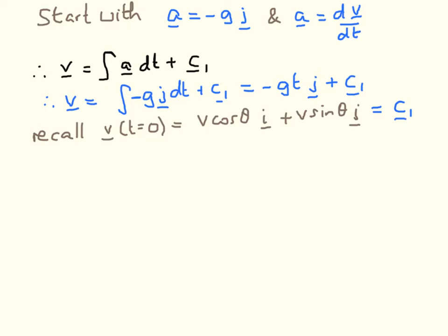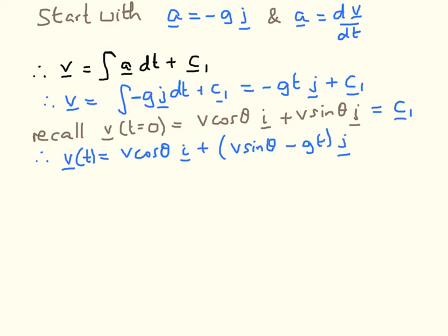So from this we see the velocity, I'll be very explicit, this is a function of time, is equal to, and I'm going to write the horizontal part first, so this is v cos theta in the i direction, and then in the j direction we have two terms: v sine theta from our integration constant, and then we also have minus g t in the j direction.